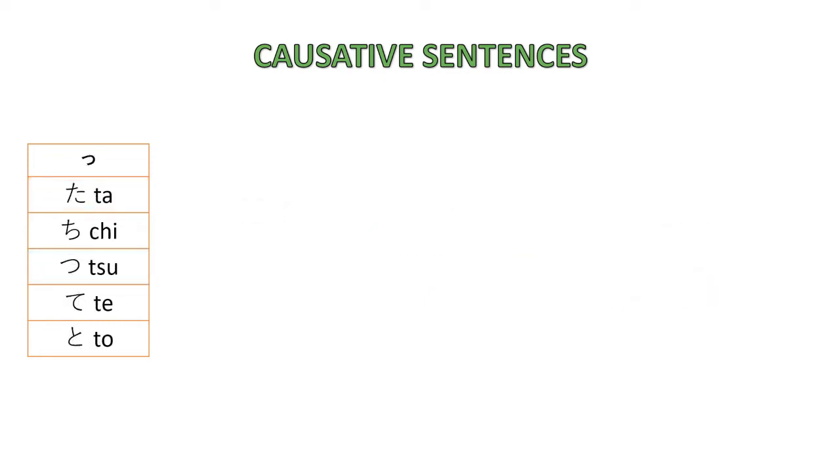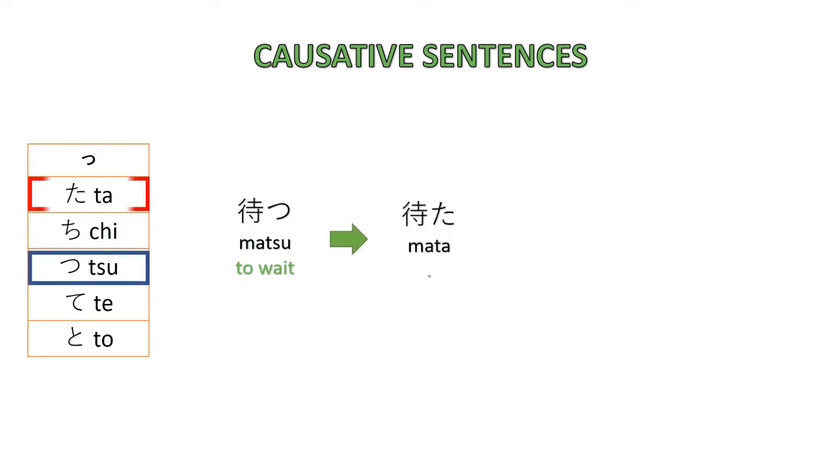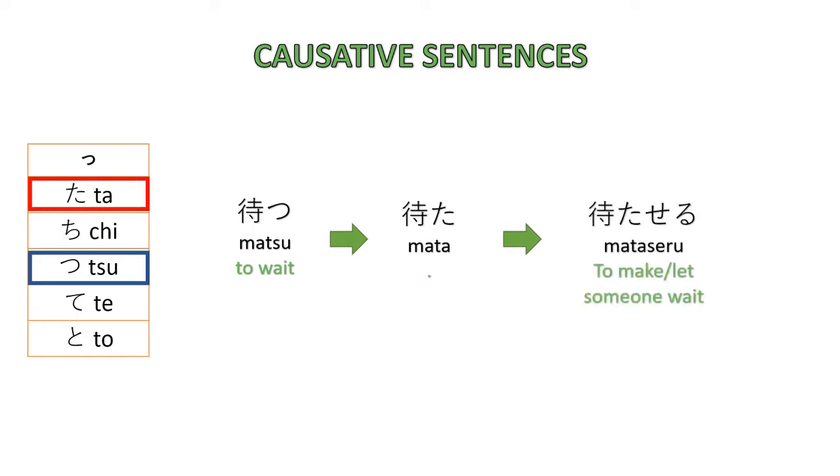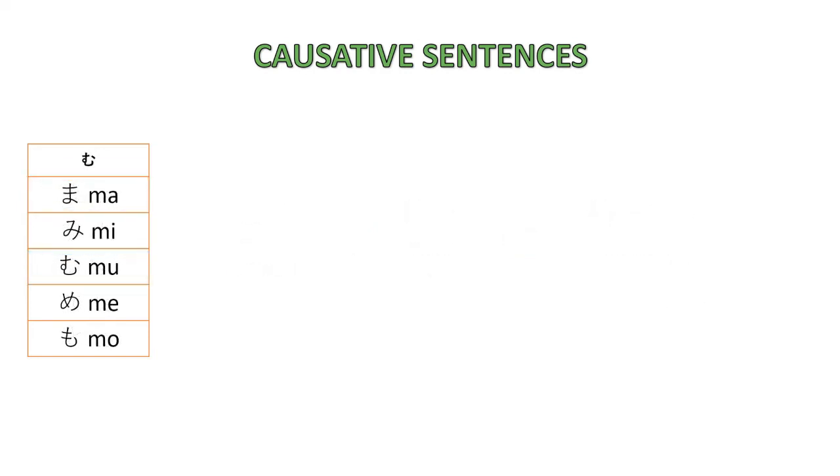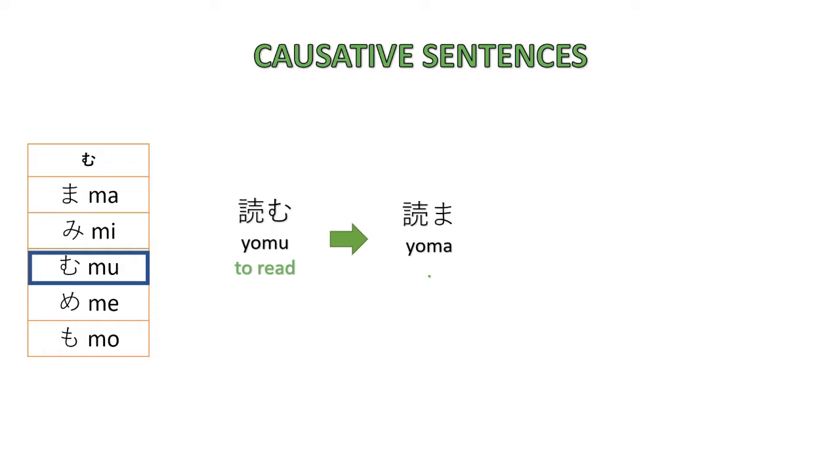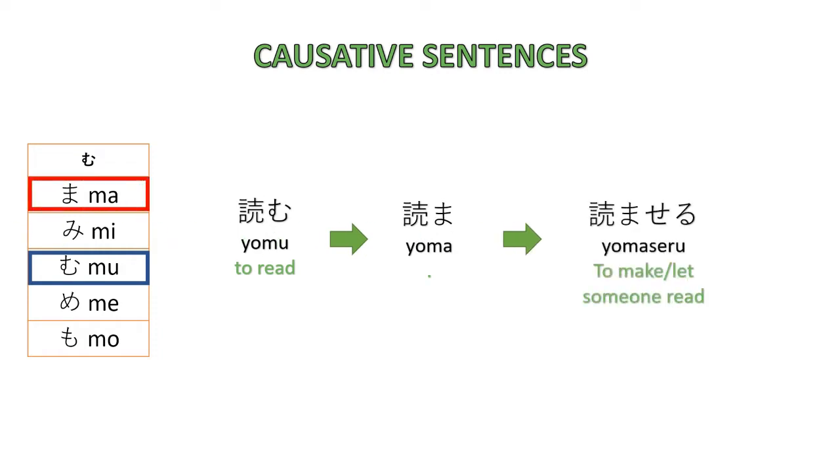And for verbs ending in tsu, like matsu, again, we do the same thing. So matsu becomes mata. And add seru, mataseru, to make or let someone wait. For verbs ending in mu, again, same pattern. Yomu becomes yoma. And then seru, yomaseru, to make or let someone read.